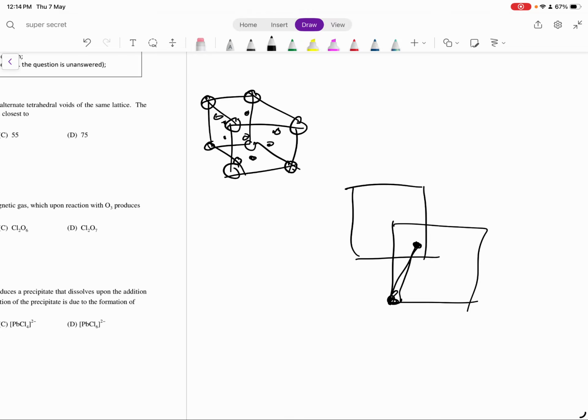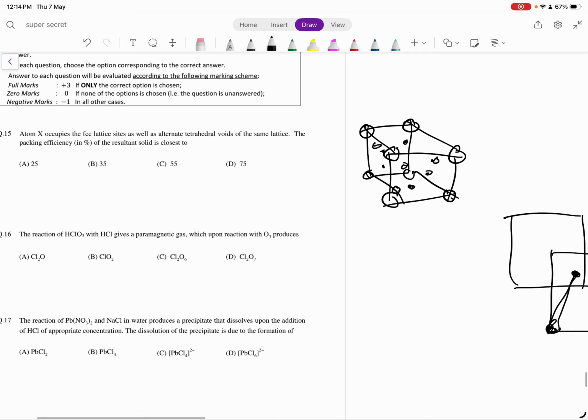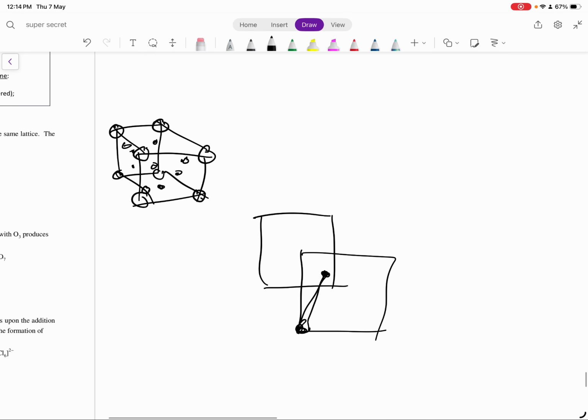They occupy tetrahedral voids, right? And it's face-centered cubic. Oh yeah, okay, that's how it works.